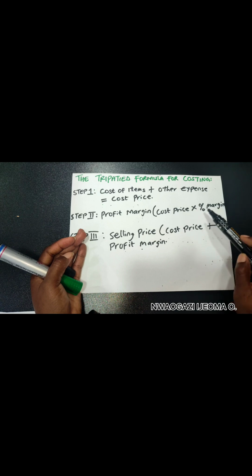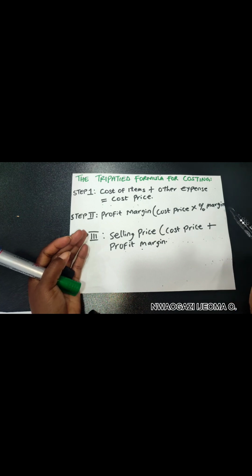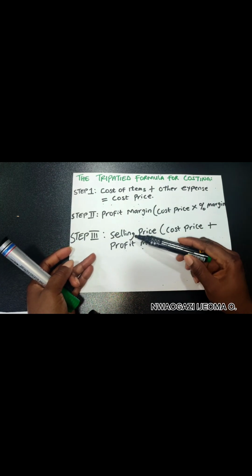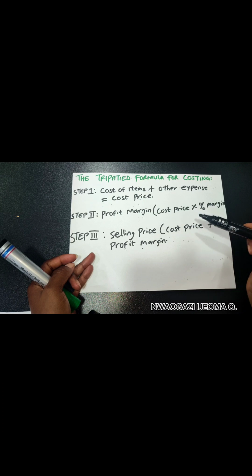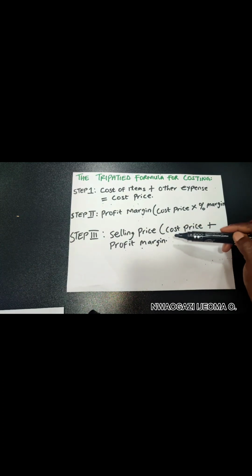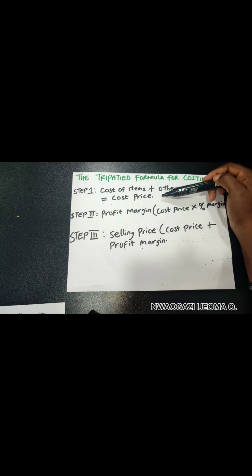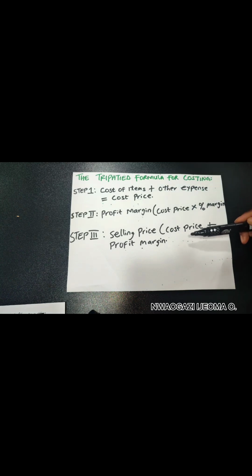Don't worry, I will explain this as we go on. The last step is the selling price. This is where you get your price: the cost price plus the profit margin, what you got here and here, will give you the selling price.